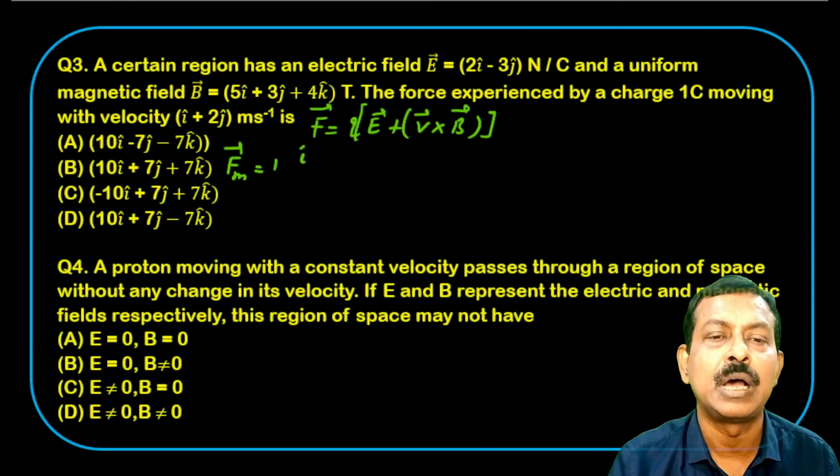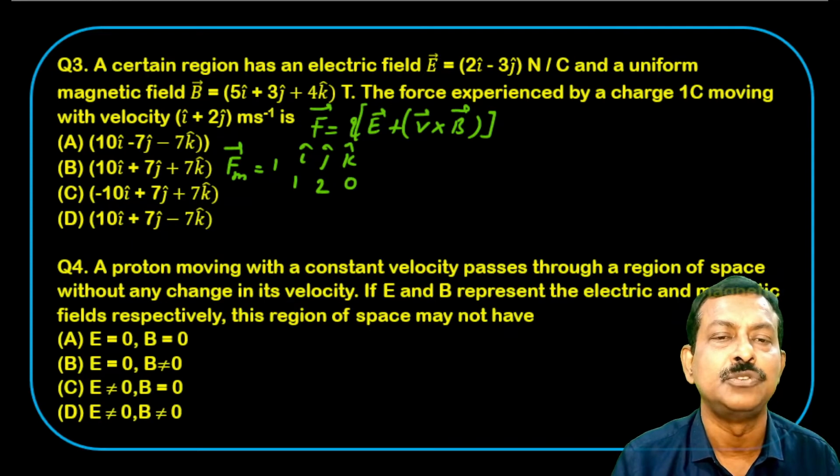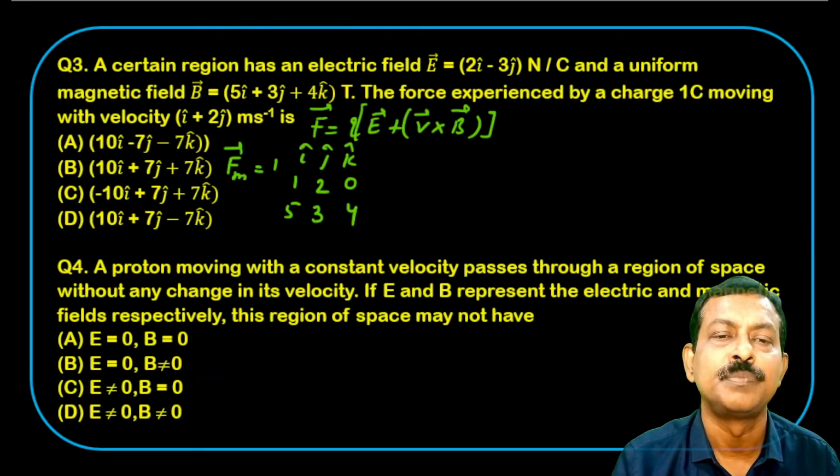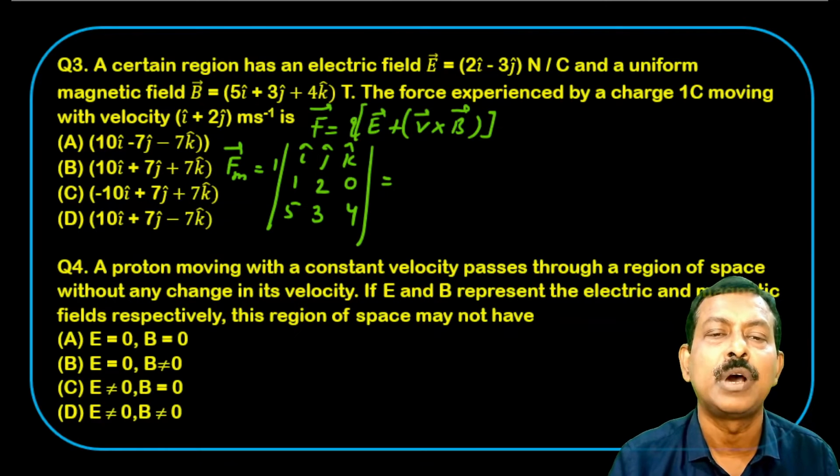So it is i, j, k; the velocity is 1, 2 and 0; and for the magnetic field, it is 5i plus 3j plus 4k, so it is 5, 3 and 4. We'll expand this determinant, and for i it will be 8i.